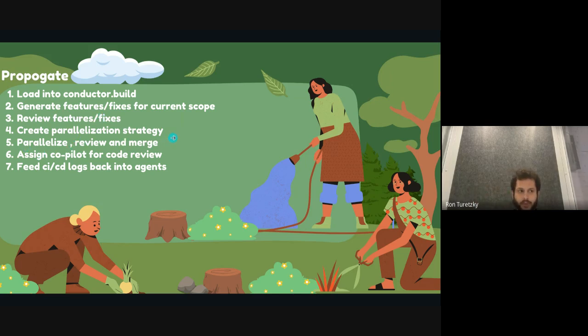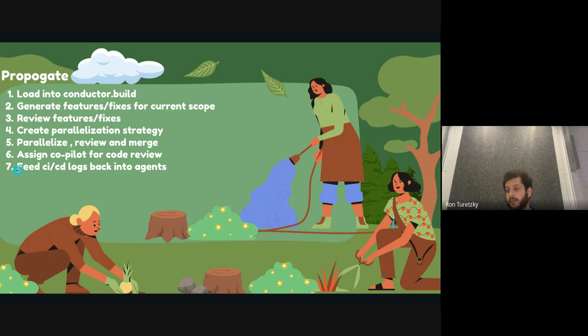Then parallelize, review, and merge. So interact with Claude in Conductor.build. That's all Conductor.build does. It just opens many different Claude Code instances for you, and syncs everything up very nicely in a UI. And then you can also leverage Copilot for code review. It's better at that than Claude because it's very much built for line by line review.